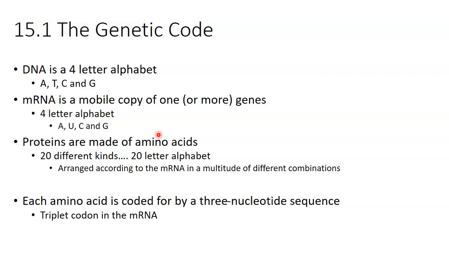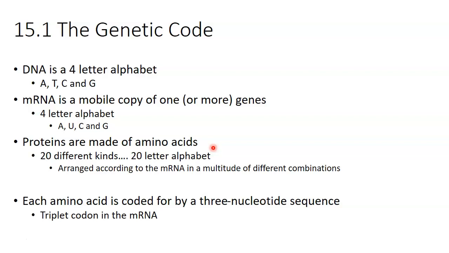To remind you, there are 20 different naturally occurring amino acids that get put together in various lengths and various combinations to form a multitude of proteins. You can think of those like letters of the alphabet as well. They're going to be arranged depending upon what's in the message in the mRNA, which has been coded for by the gene. So your genes determine the amino acid sequence of your proteins.